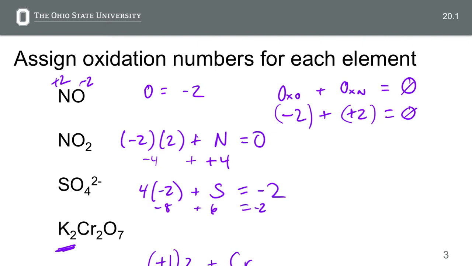Chromium, it's unclear. That can have multiple oxidation states. But there are 2 of those, so we're going to need to multiply whatever that number is by 2. Oxygen is -2, and there are 7 of those. And all of that has to equal 0. So now we need to solve for the oxidation number of chromium.